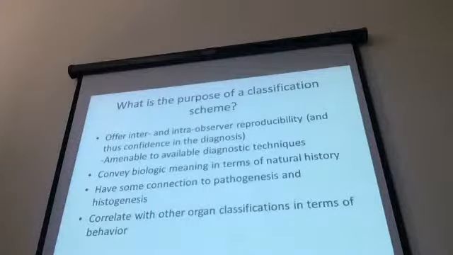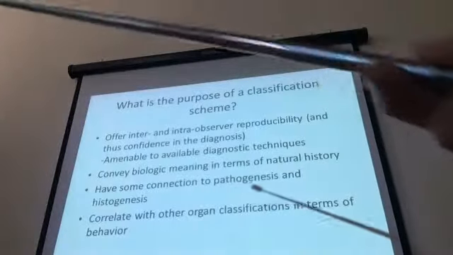So that's the real importance, to say, this is this tumor, it will behave this way. A classification scheme should also be reproducible and thus easy to transfer from this laboratory to laboratories in Cambodia, to laboratories in Thailand or the United States, so we all speak the same language.